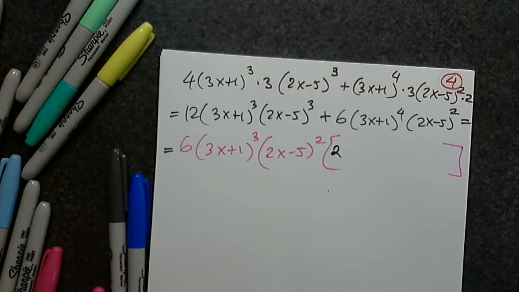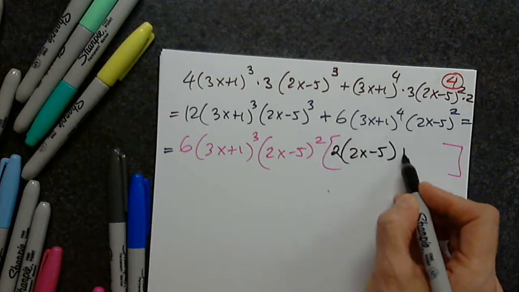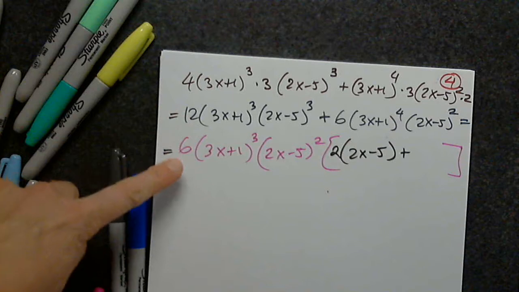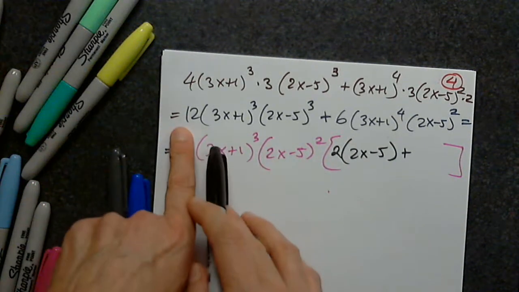2, correct? And then 2x minus 5 in parentheses. Do you all agree with 2 and 2x minus 5 in parentheses coming out? No, it's just 1. Never mind. I agree with 2x minus 5, but we'll be getting 2 again. So from 12, I pulled out a 6. If I don't put a 2, when I distribute it back, I will not get the 12.